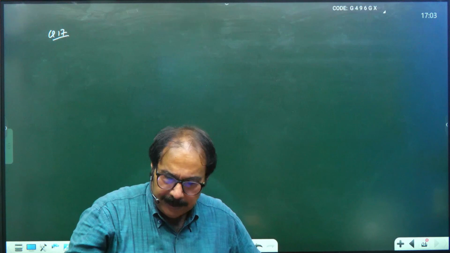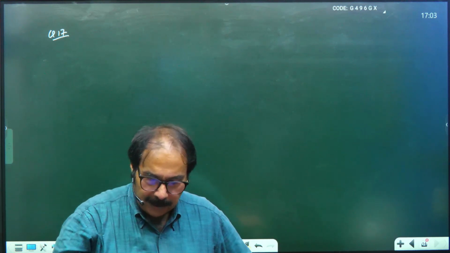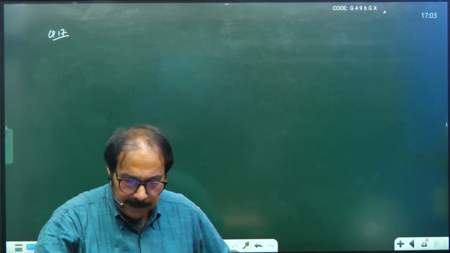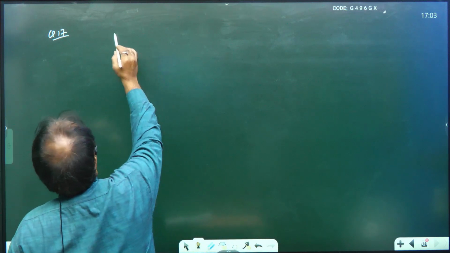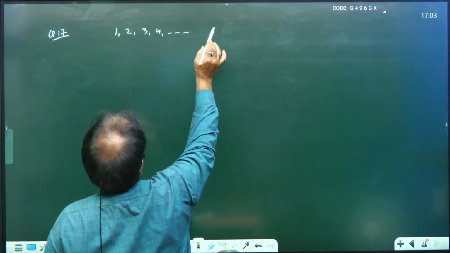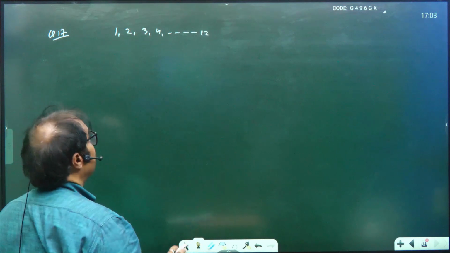It was decided that the number of trees that each section of a class will plant will be the same as the class in which they are studying. For example, the section of class 1 will plant one tree, a section of class 2 will plant two trees, and so on. And there are three sections in each class, right? So the sequence is like this: 1, 2, 3, 4, and up to how many classes? 12 classes. And every class has three sections.